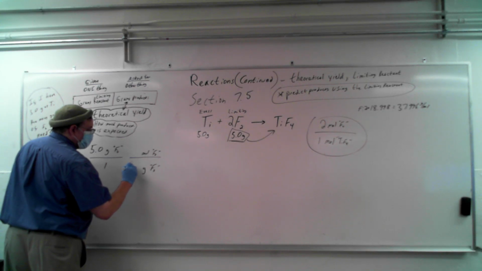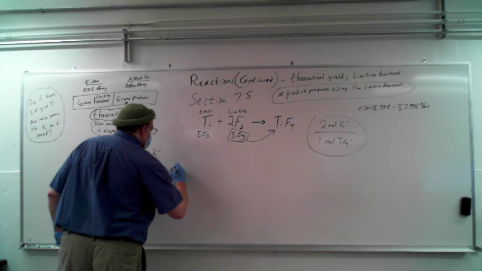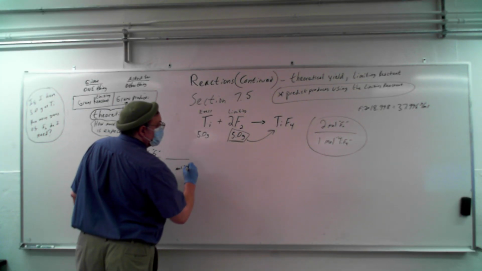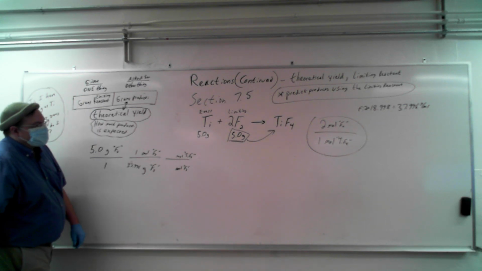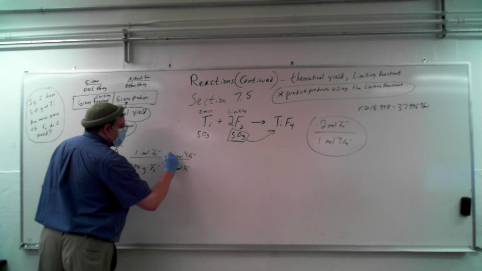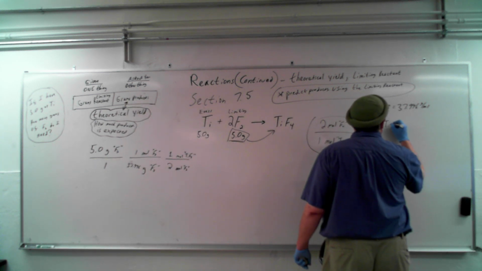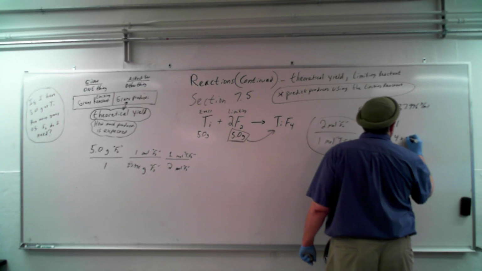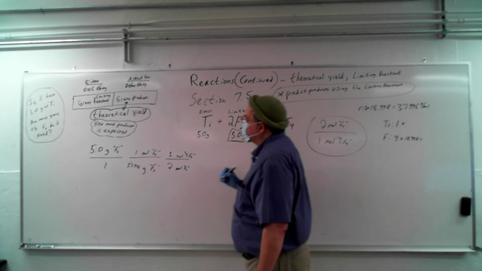37.996. That gets us to moles of F2. It's 2 to 1, 2 of these to 1 of these. Now we need Ti.